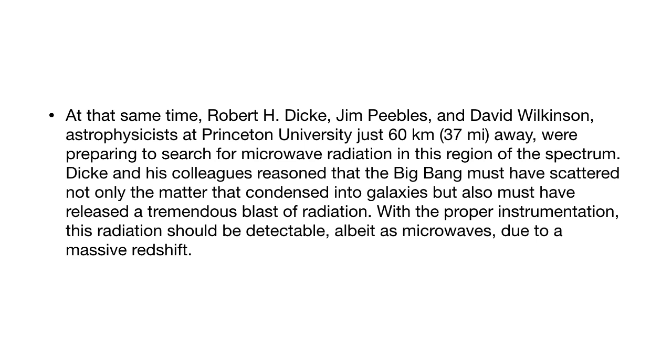About 60 kilometers away were some physicists at Princeton University. They figured that if the Big Bang really occurred as described last time, then when the universe's temperature drops below a certain temperature, the atoms will be able to recapture all the electrons and become neutral.